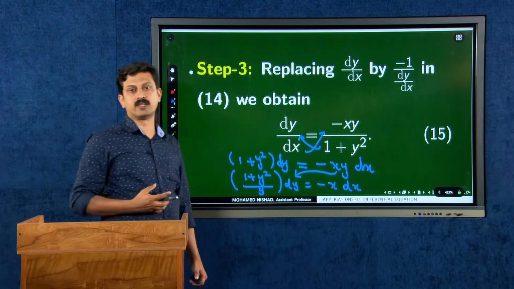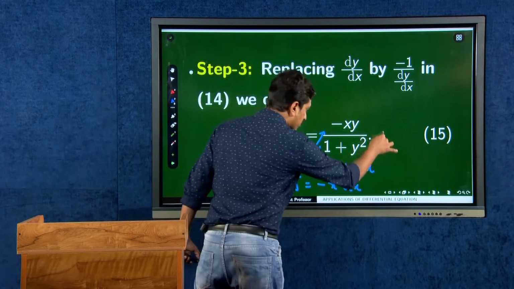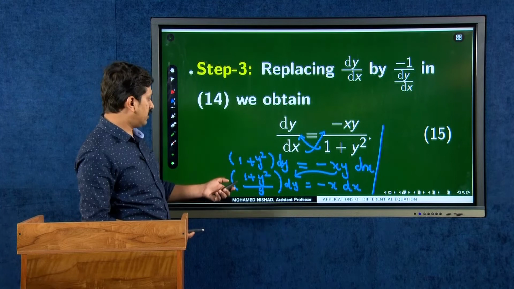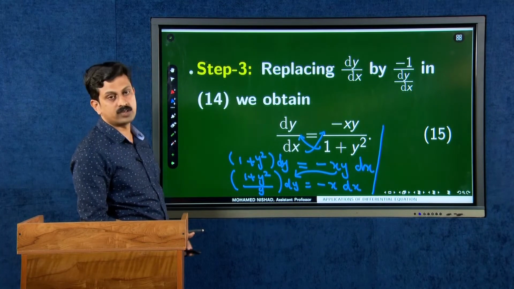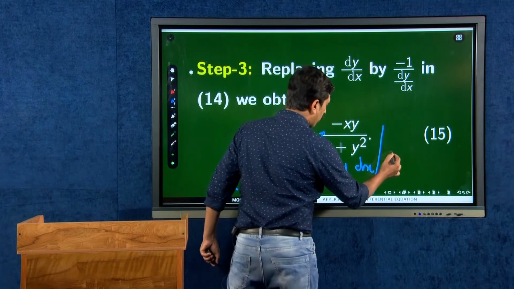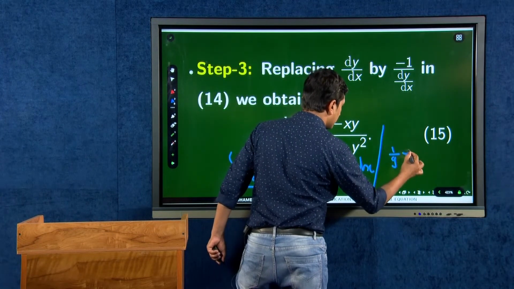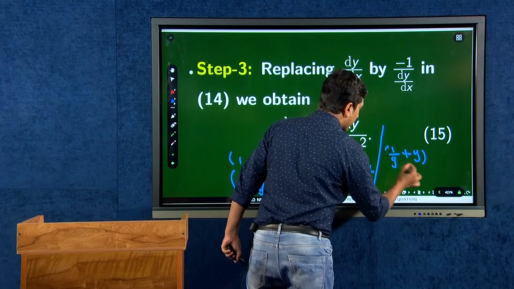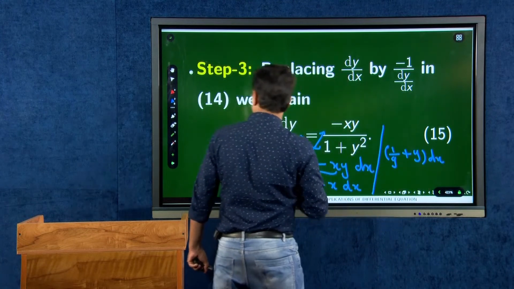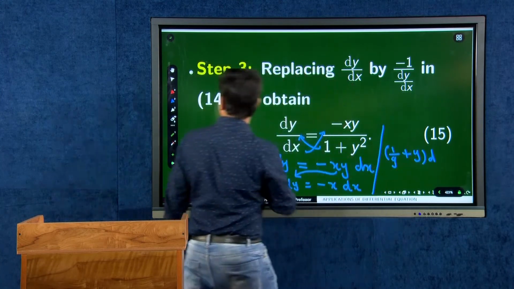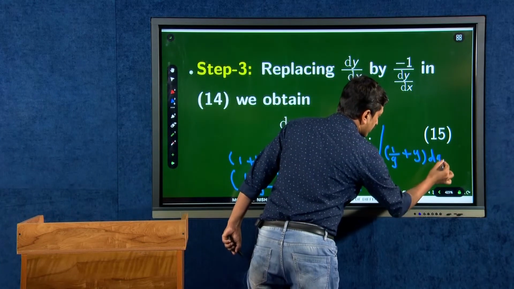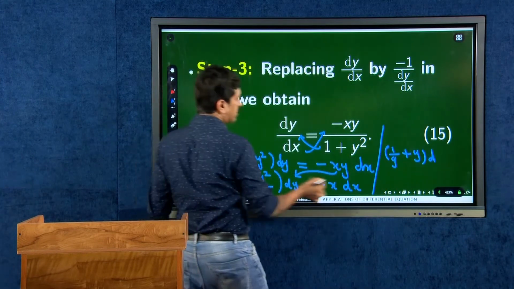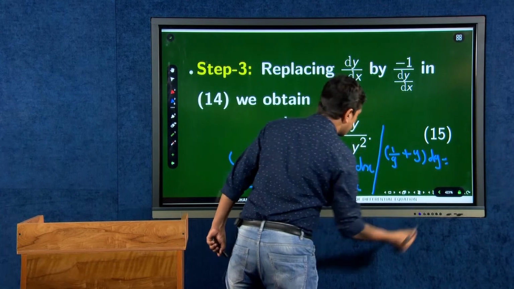We separated the variables. Now, we can rewrite 1 plus y square divided by y into dy as 1 by y plus y square by y, which is y, dy, is equal to minus x dx.